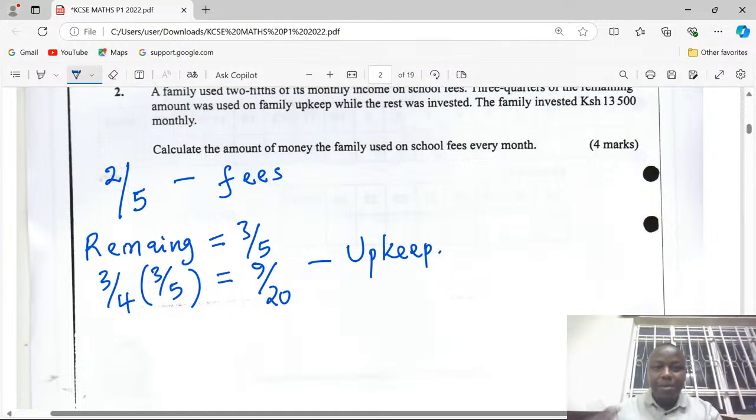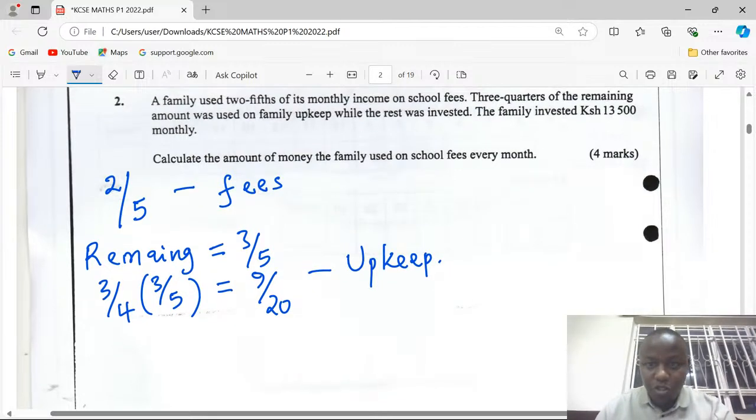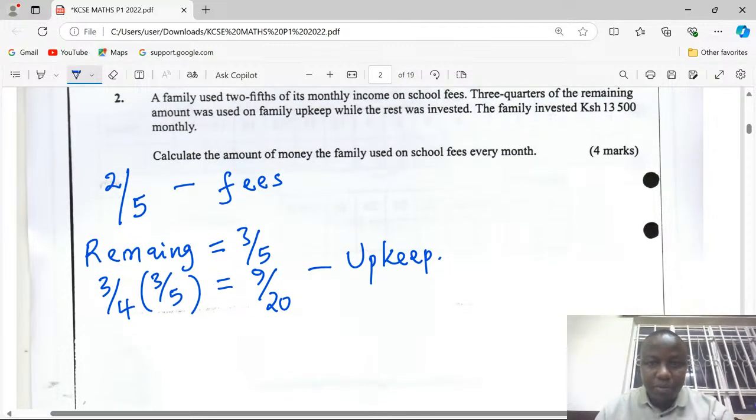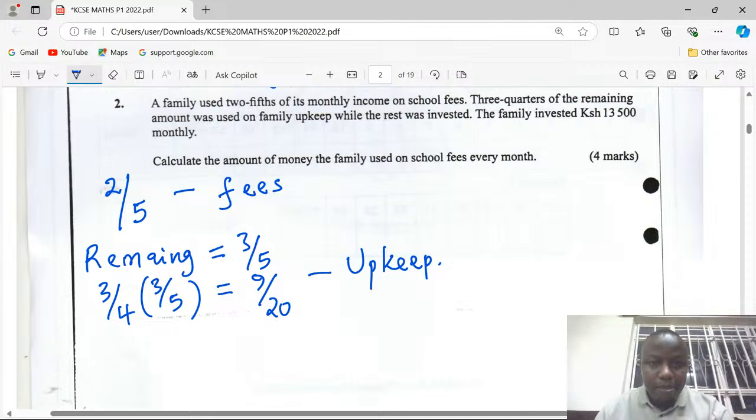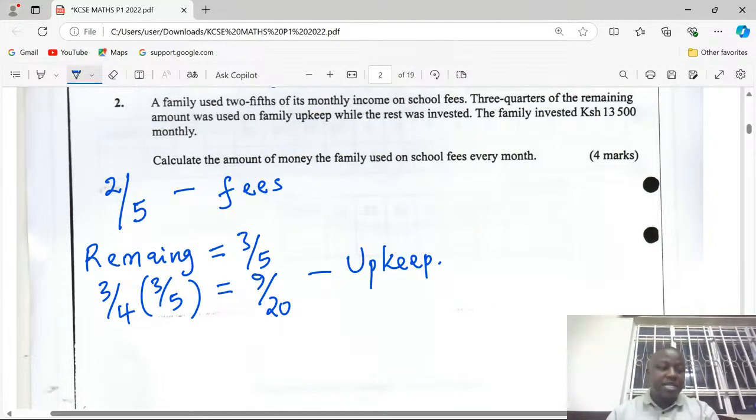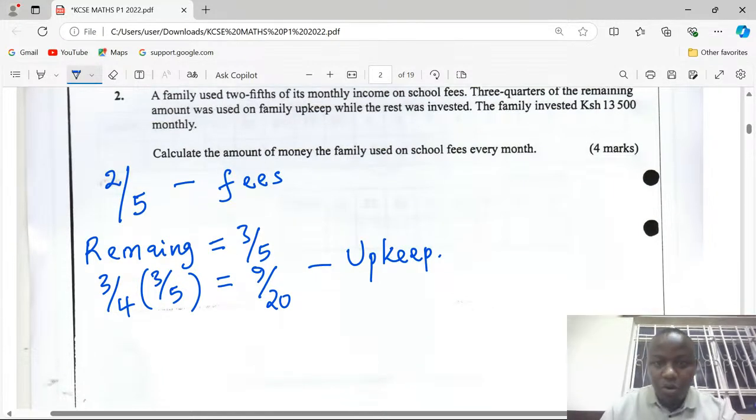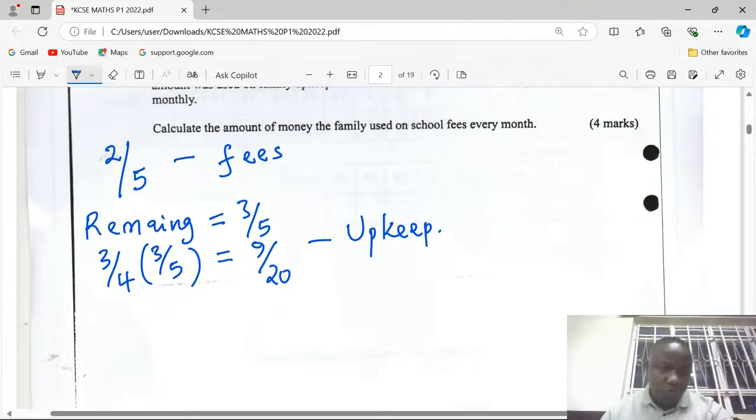For the family upkeep monthly, they take a fraction equal to 9/20. We are also told that the family invested the rest. So the rest was invested.